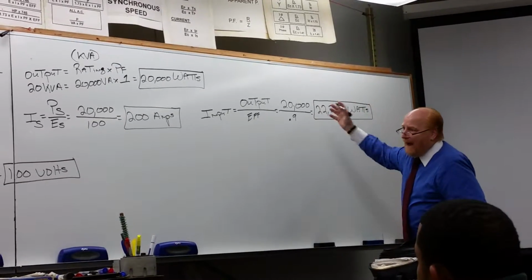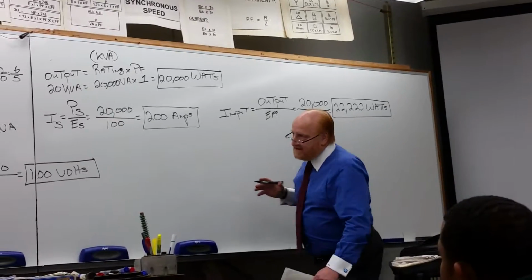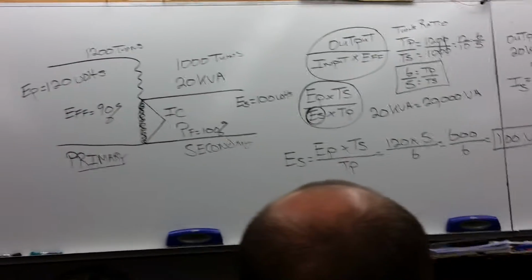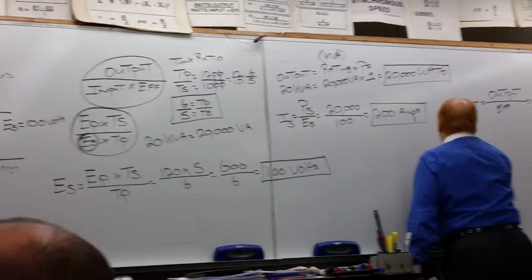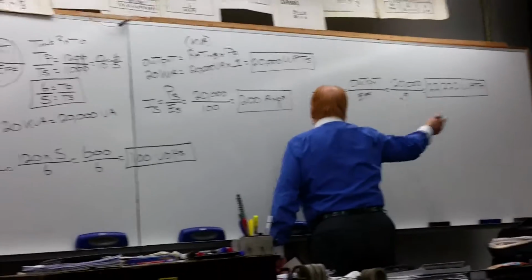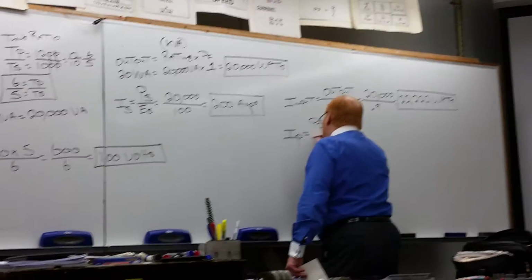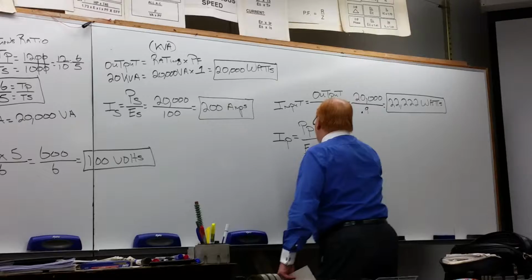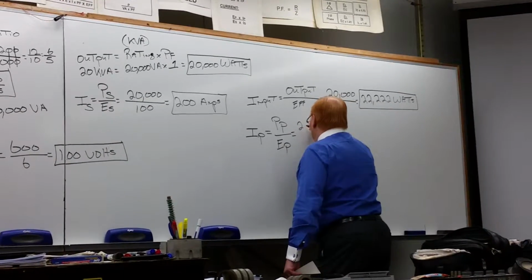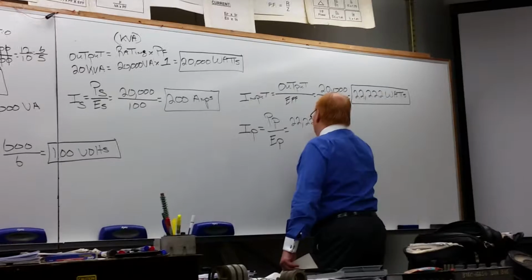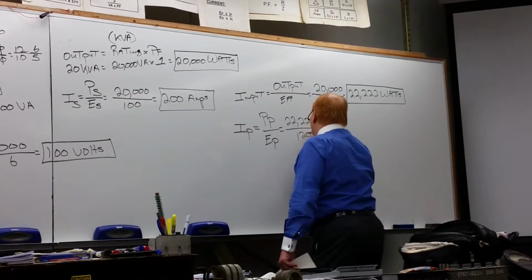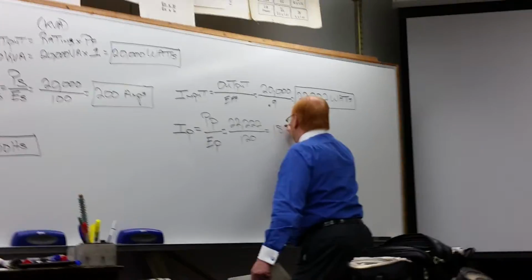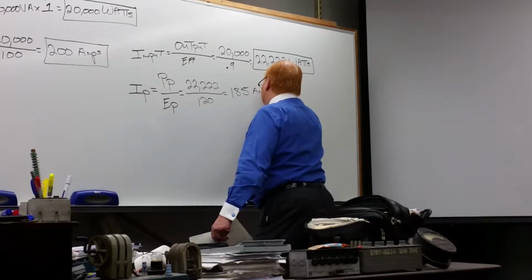I have the power on the primary side. They gave us the voltage on the primary side. We can find the current on the primary side by saying IP equals PP, power of the primary, over EP, voltage of the primary, or 22,222 over 120 volts, which gives us approximately 185 amps.